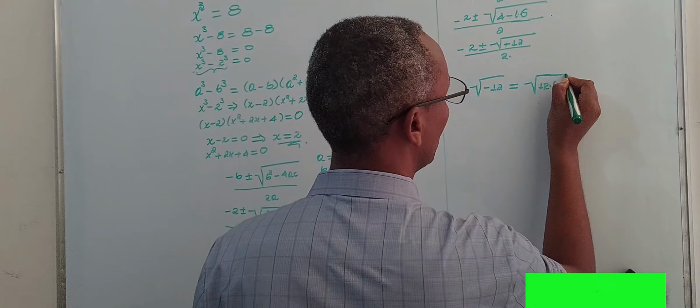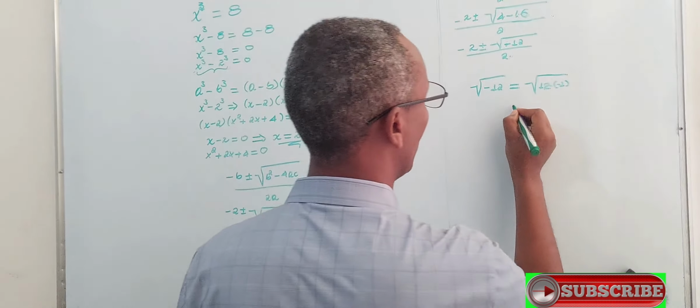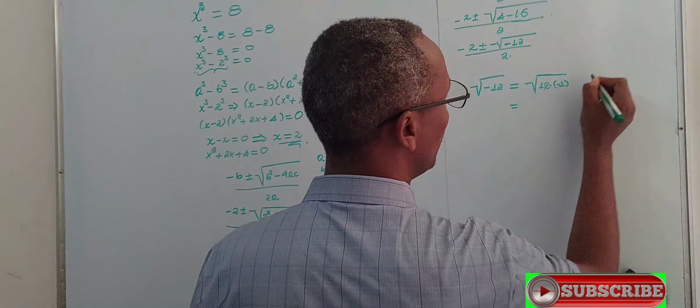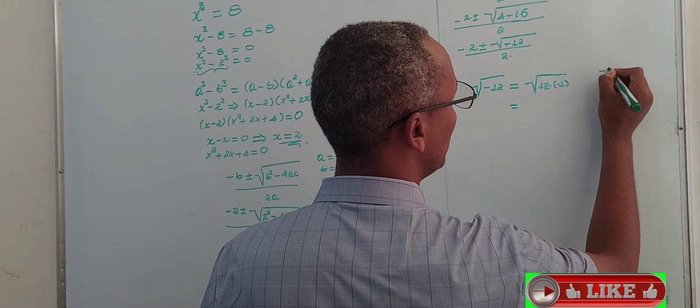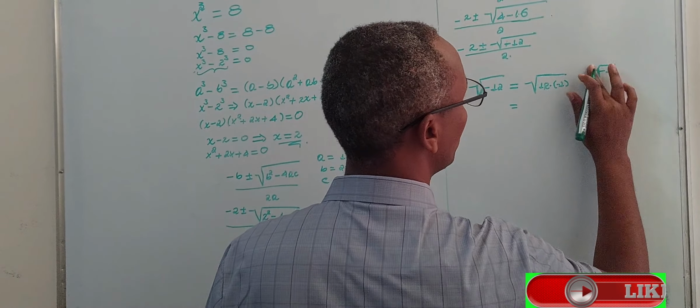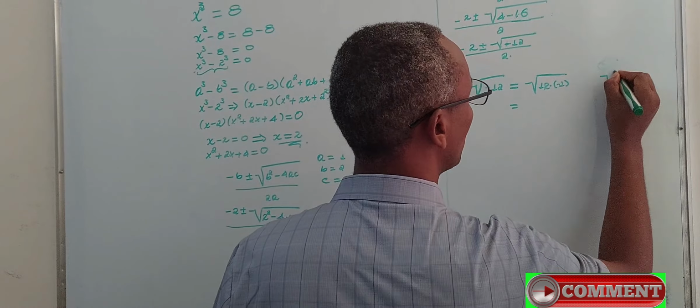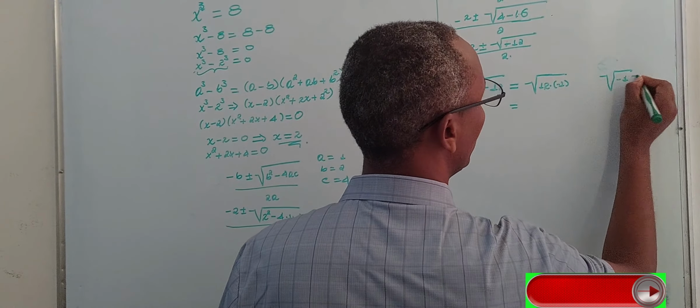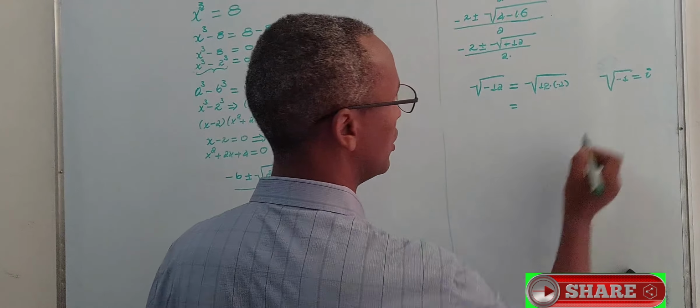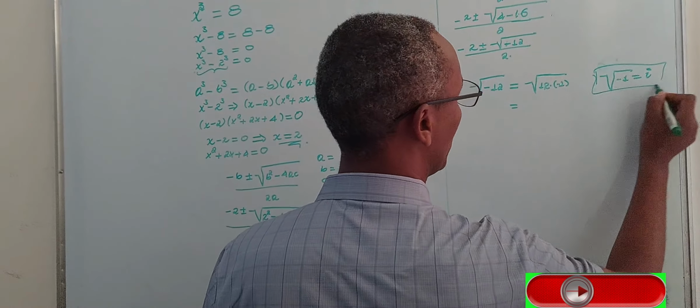As you know from complex numbers, the square root of negative 1 is equal to i. You need to remember this.